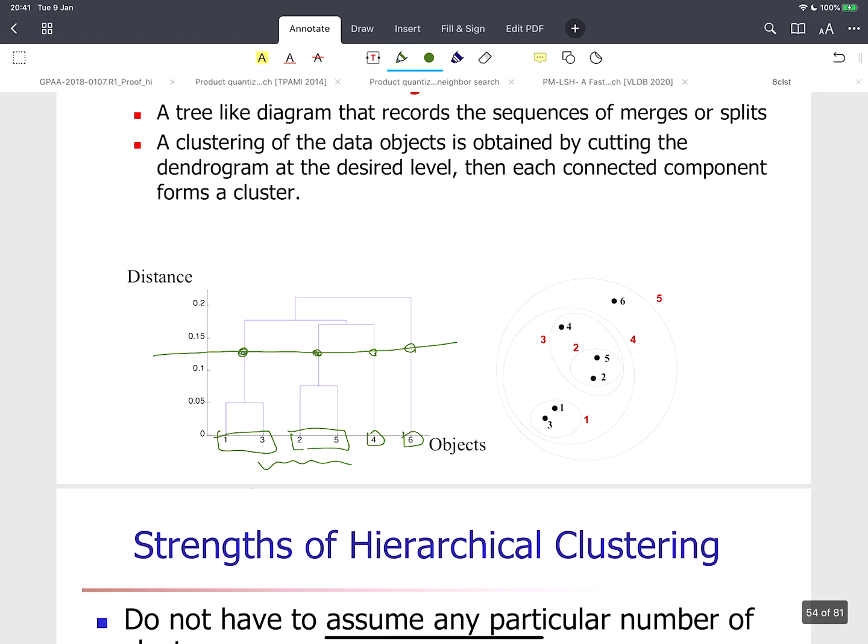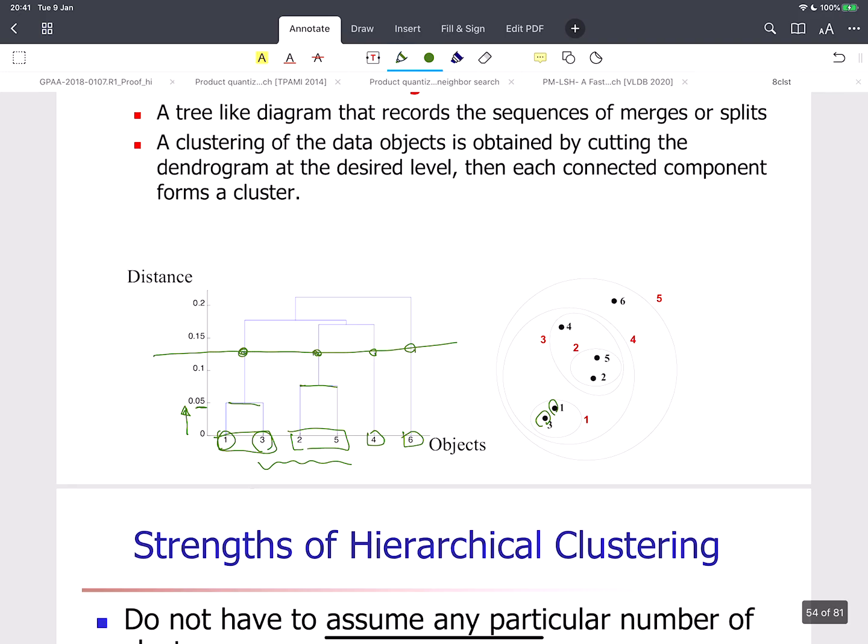The reason you have this kind of branching structure at different heights is that, as you gradually increase the distance threshold, intuitively objects 1 and 3 are under the threshold of 0.05.